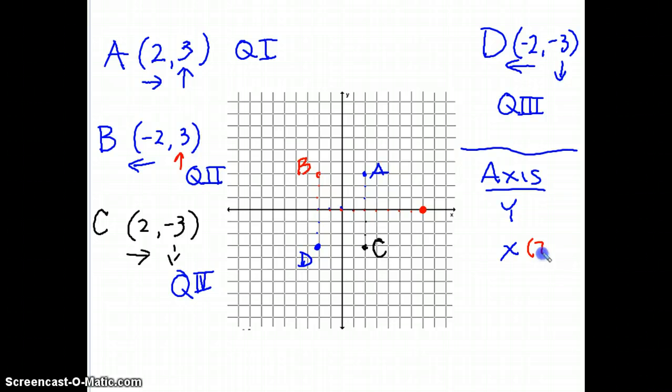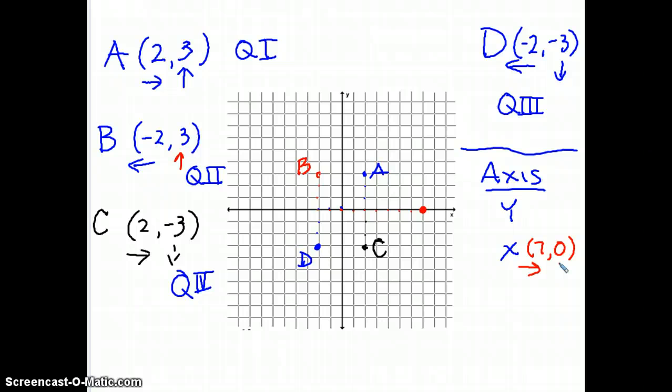So 7 units. And I do not move up or down, so I stay at 0. So on the x-axis, I'm moving to the right 7 units. I do not move up or down, so that signifies a 0.